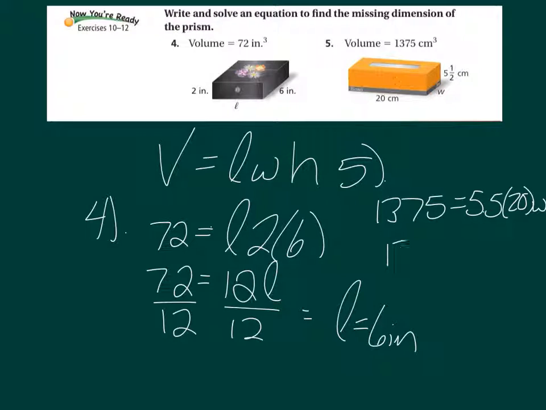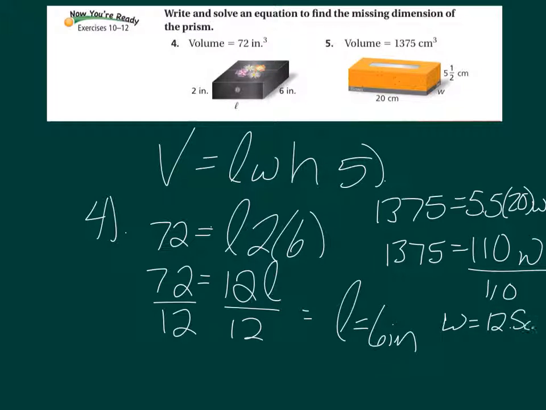So I have 1375 is equal to 110W, and I divide by 110. So I have 1375 divided by 110, and I get 12.5 centimeters. So W is equal to 12.5 centimeters.